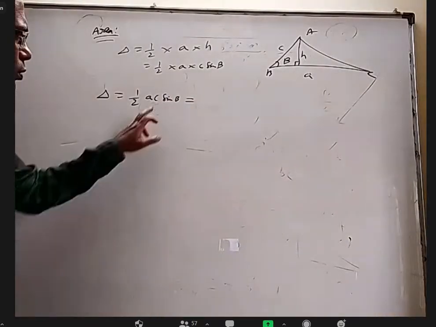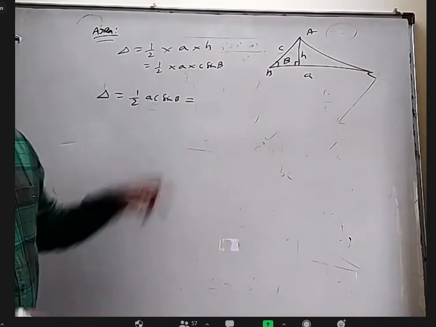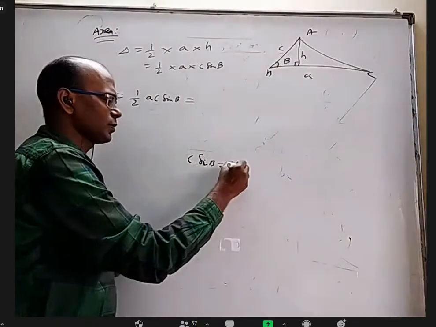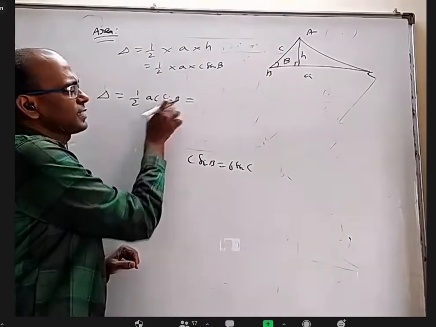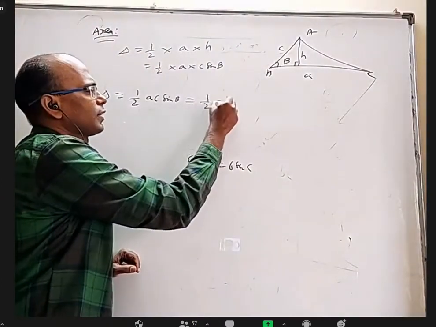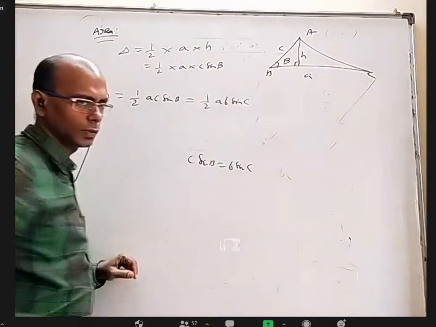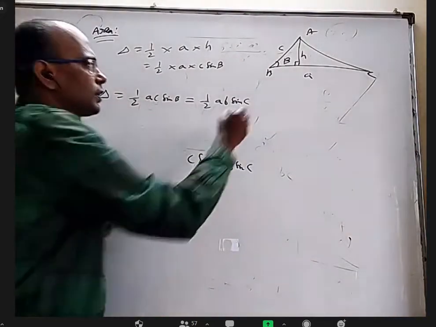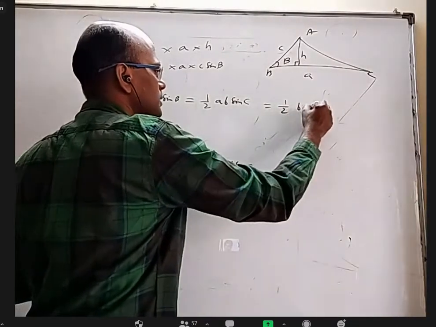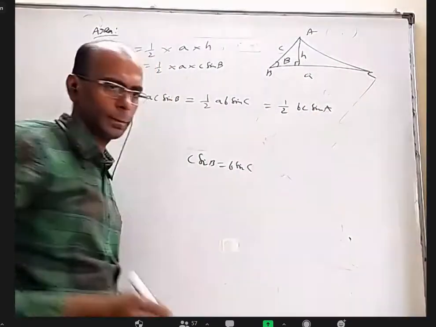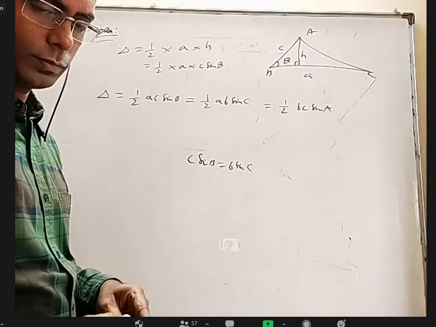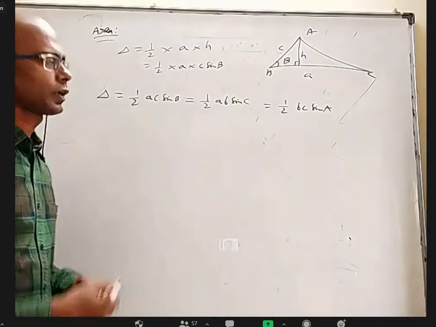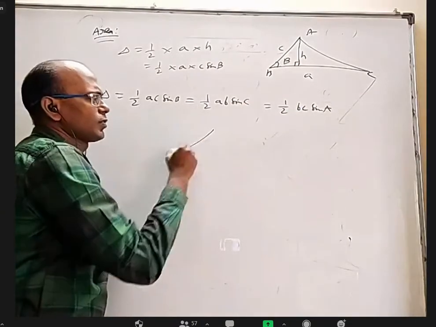But according to sine rule, c sine B can be written as b sine C also. We have formula that c sine B is same as b sine C. If you remove c sine B and write b sine C, it will become half ab sine C. Or you can write a sine B as b sine A. Then it will become half bc sine A. Basically, all these three formulas say only one thing.